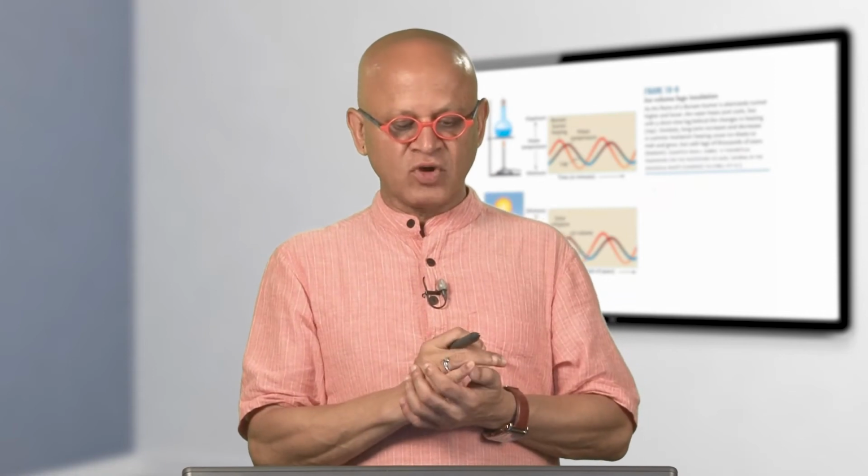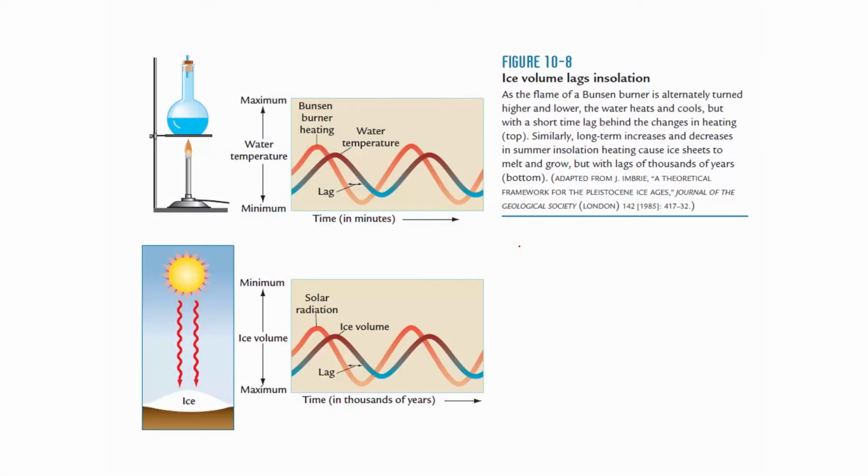The additional thing we have to worry about for glacier response, which determines the complex timescales that we will see again, that we already looked at before, is that the heat capacity gives you time lag. So imagine that you have water being heated by a Bunsen burner, and you turn it off and then you start it on, and so on, just to give it a wavy heat input.